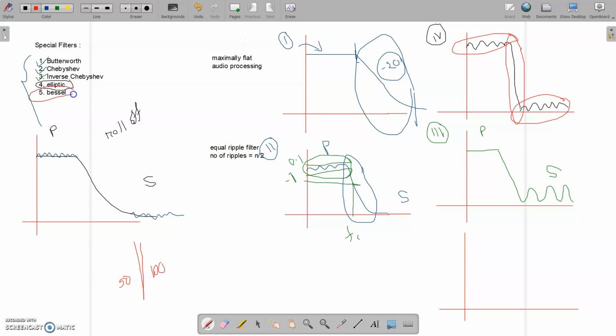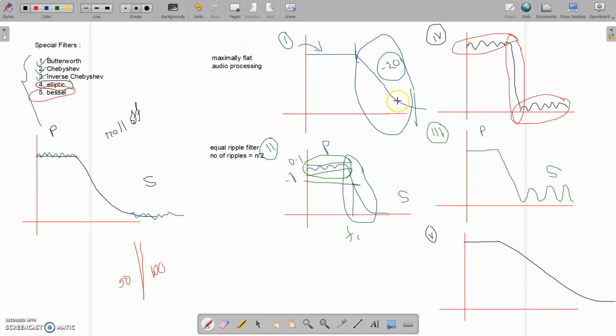Now the last one, my fifth one, is the Bessel filter. My Bessel filter is similar to my Butterworth filter, but the difference is that there is no ripple in the pass band, no ripple in the stop band as well, but the roll off is very lengthy, a very slow transition.